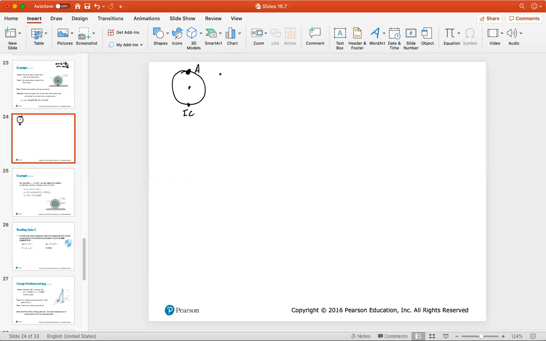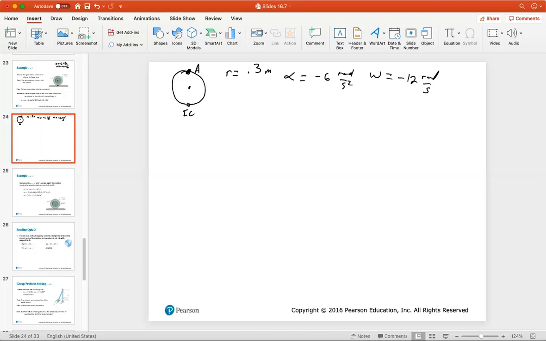I have a radius, which was 0.3 meters. I have alpha, which was -6 radians per second squared. And I have omega, which was -12 radians per second.